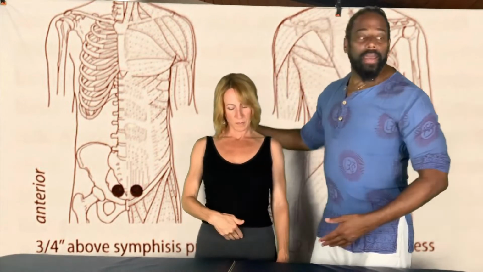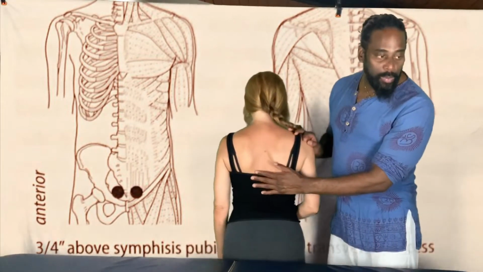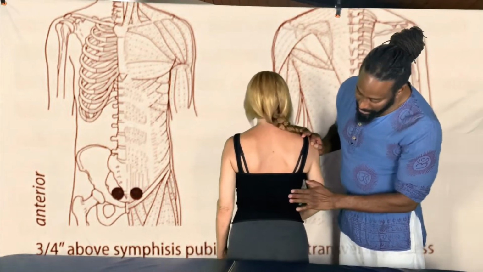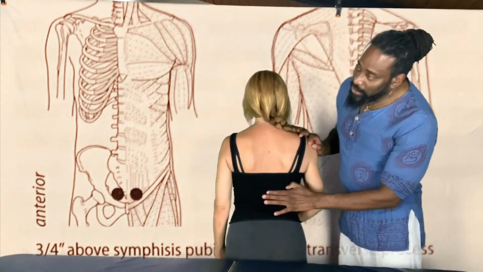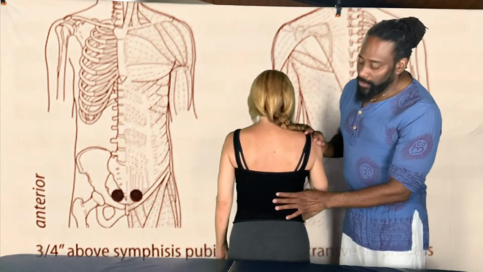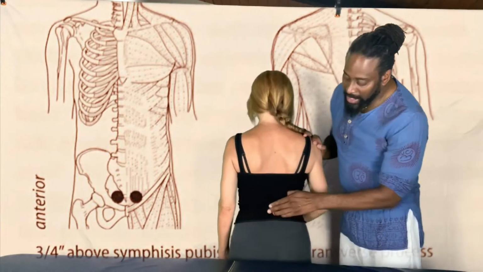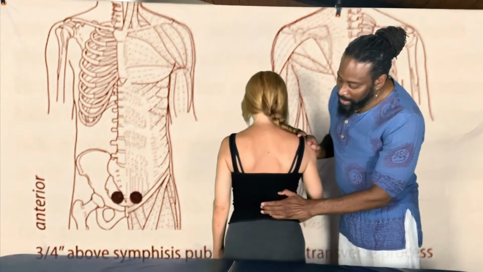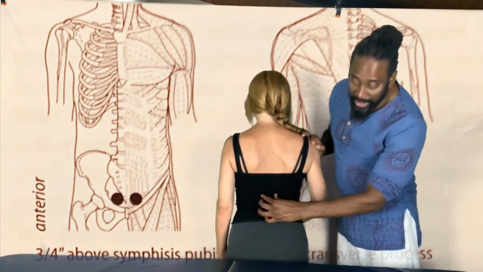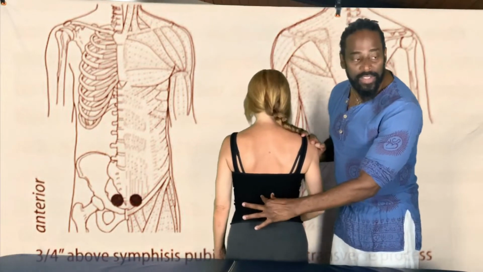And on the posterior end of the body, we will be at the L2 transverse process area. As I said, L2 is usually lined up with the 12th rib, or you can simply find the iliac crest, come across, and you're at L5, 4, 3, 2. Since you're at 2, you can stimulate this L2 on both sides of the spine.